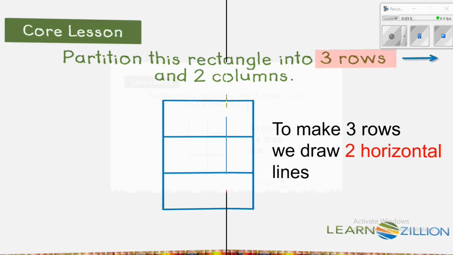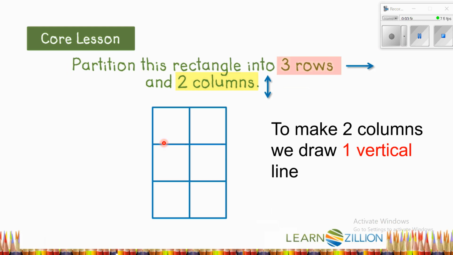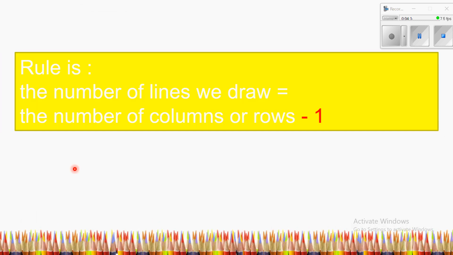If I want to make 2 columns, I have to go up and down. To make 2 columns, I have to draw 1 vertical line. This is a line. So to make it clear, there is a rule: the number of lines that you will draw is the number of columns or rows minus 1.